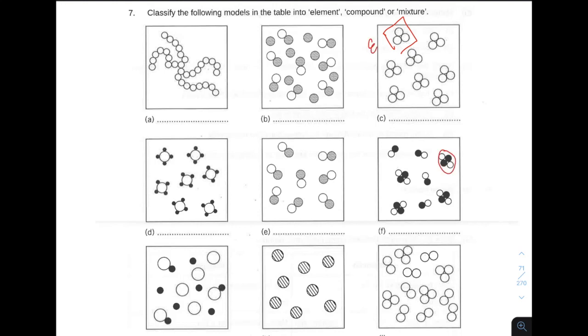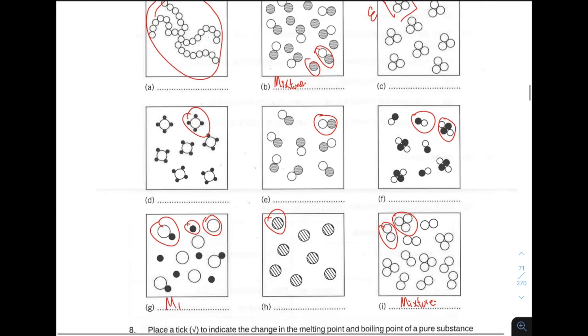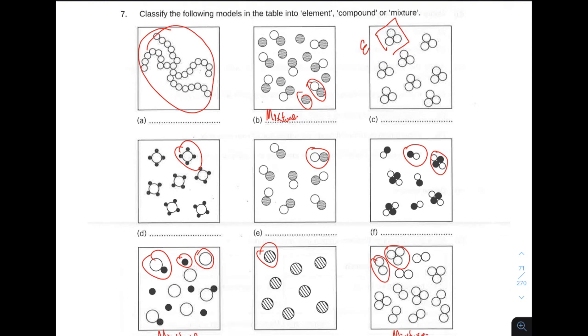If I do the rest, you just have to circle all the patterns available. This one is by itself. This one, this one, this one, this one. So with this simple exercise, anything that has more than 2 circles, automatically you can assume it to be a mixture. Whereas those that only have one circled area, you have to break it down further to see the particular element, the pattern.